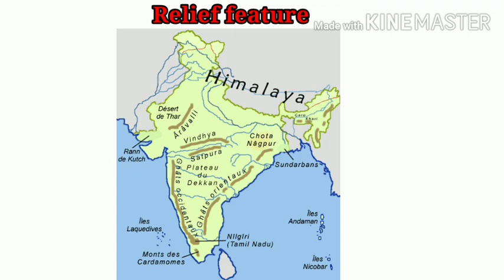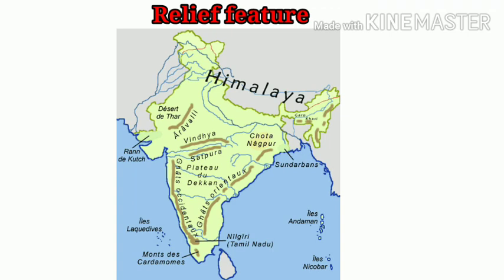In the same way, the windward side of the Western Ghats gets heavy rainfall, as these mountains prevent the moisture-laden winds from crossing them. So it just sheds its rain over there, and then moves towards the northern part of India. Okay, so hopefully it's clear to you now.